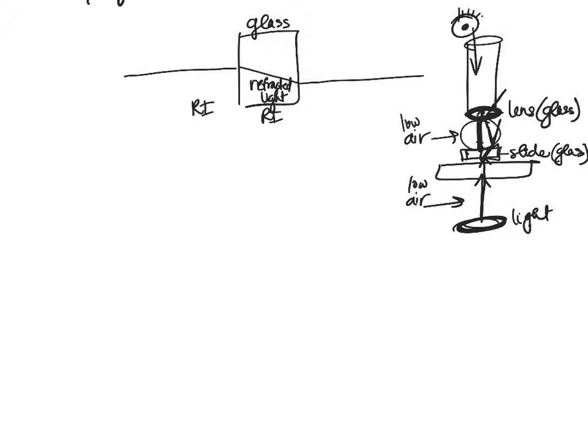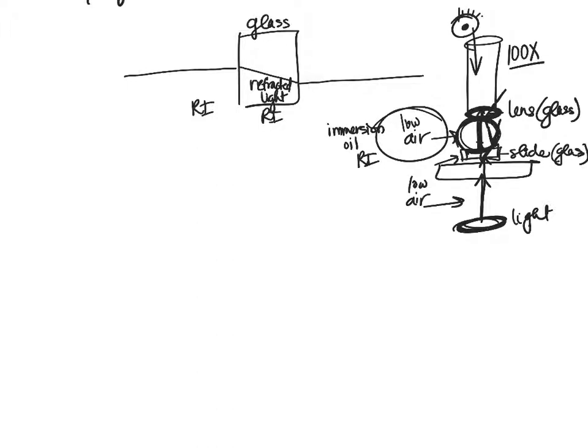One of the ways we minimize that is on our high-powered lens, our 100x objective lens, which we'll talk about in more detail coming up. Instead of having air here, we add immersion oil. We put a glob of immersion oil here, and it has a refractive index closer to the glass slide than air does.